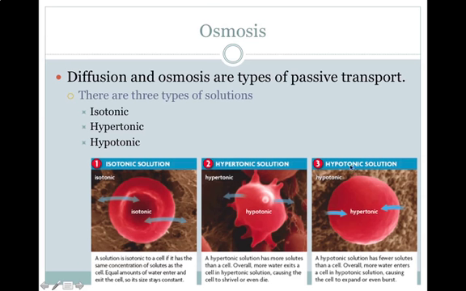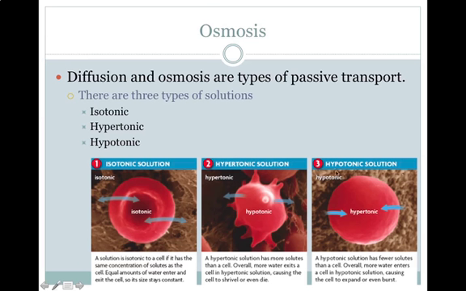If a cell is placed in a solution and then all the water rushes in and the cell swells up to great size, almost to the point of bursting, this cell is in what's called a hypotonic solution. The solution outside the cell has more water than the inside of the cell does, so the water starts to rush in. The water always moves from high concentration to low.